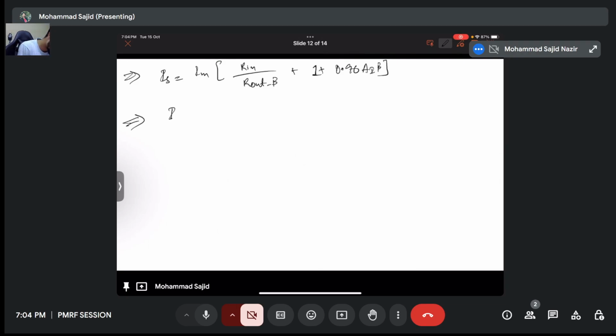This means I in is I S times R out underscore B divided by R in plus R out underscore B, times 1 plus 0.96 A I times beta.